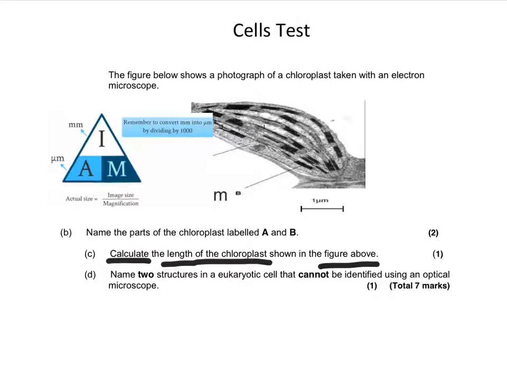So for the length of the chloroplast, you're going to need to measure the image in millimeters. And then you need to know the length of the bar as well. So if you look at your diagram, you need to measure that in millimeters. Okay, and then you need to take the length of the chloroplast divided by the length of the bar.